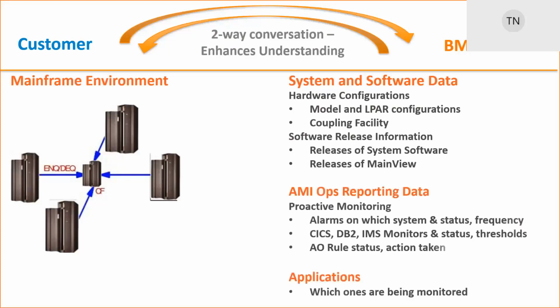We can show you the alarms that are running, what monitors, the automation. We can make sure that actions are taken when thresholds are breached. Otherwise, what's the point of that particular alarm or monitor? And how to monitor more on your applications.